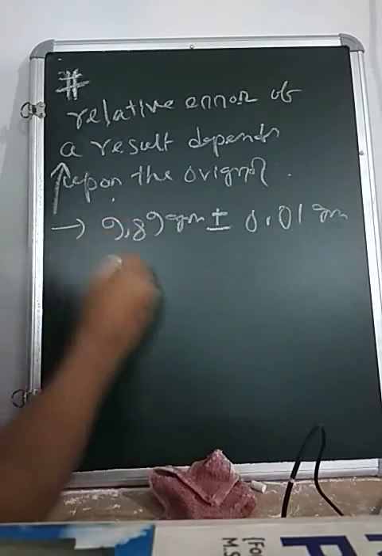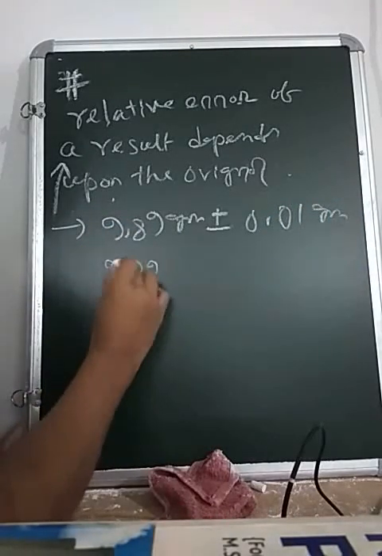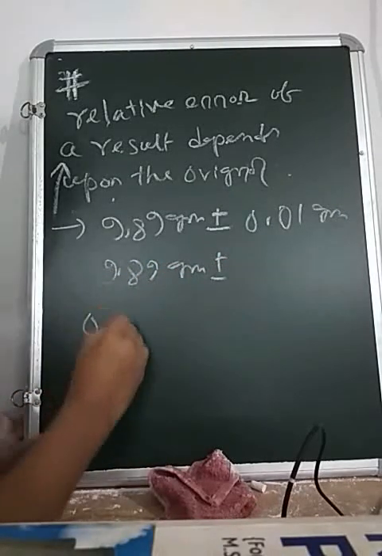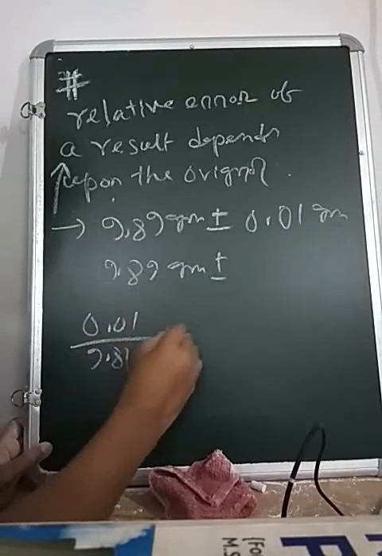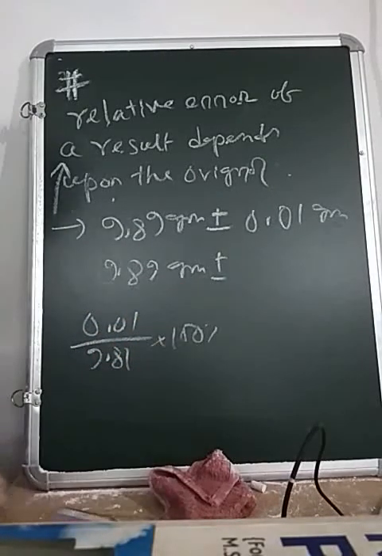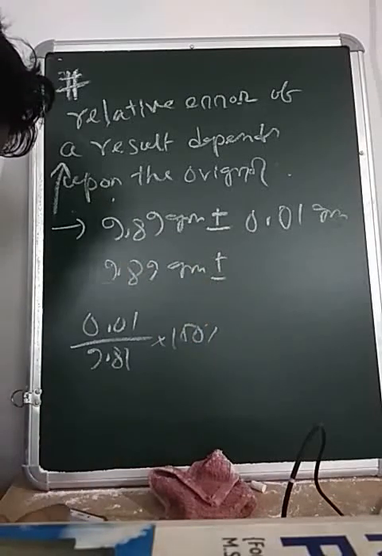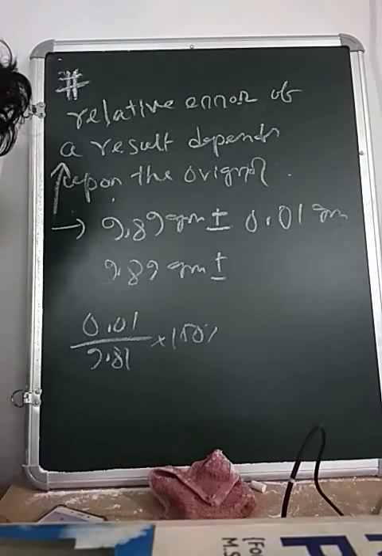If you go for relative error, or percentage error, it is 0.01 divided by 9.81 into 100%.